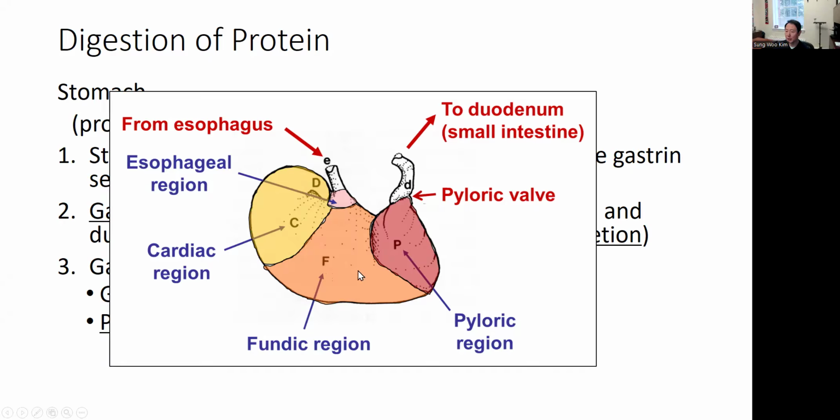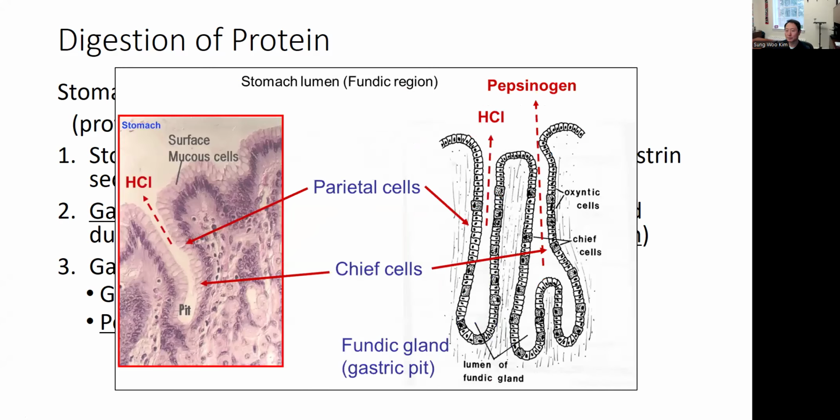The mucin covers the surface of the stomach to protect the tissue from digestion. At the end of the pyloric region, through the pyloric valve, it is connected to the small intestine. So that's the review of the structure of the stomach.